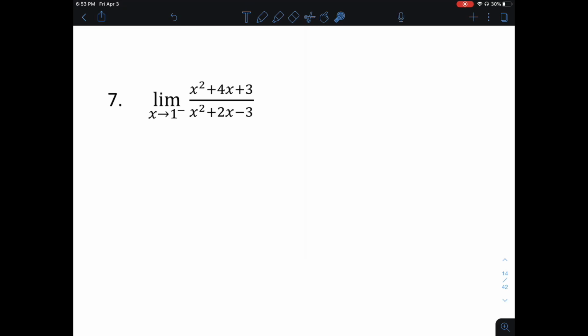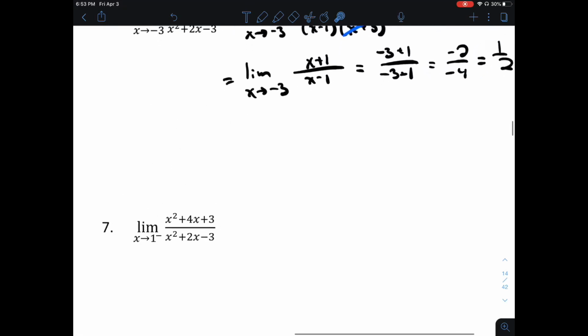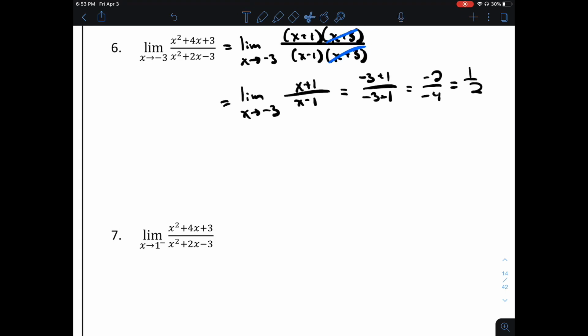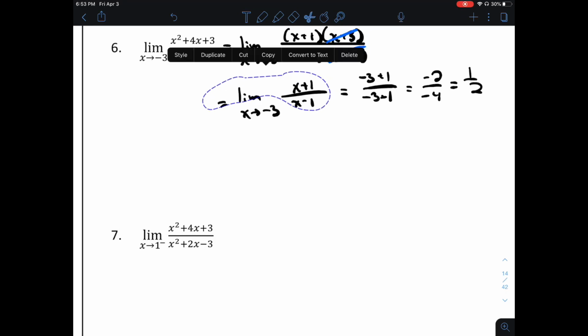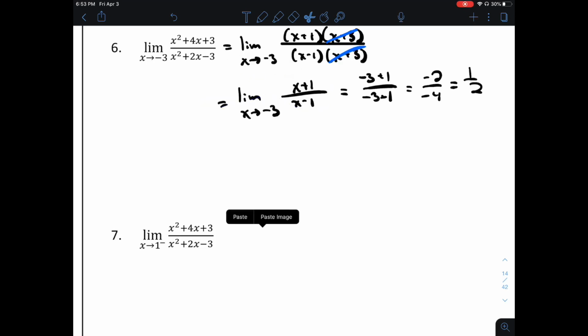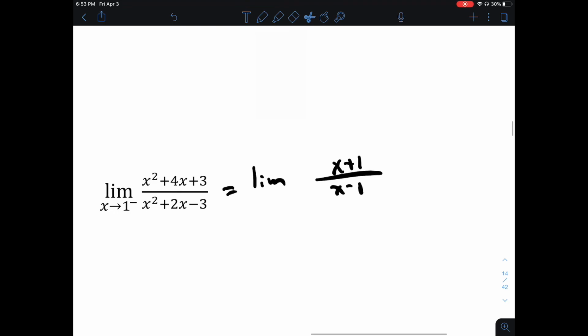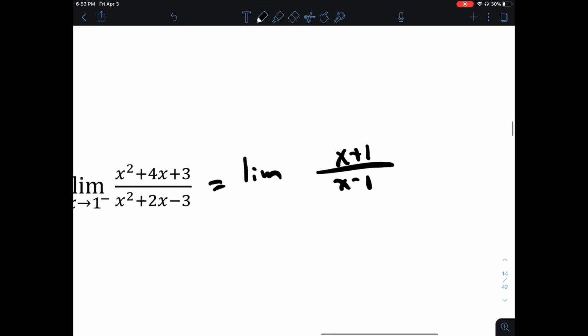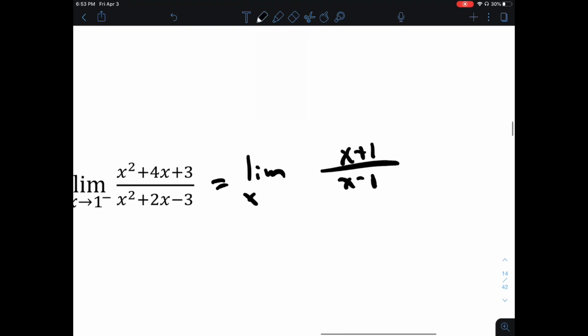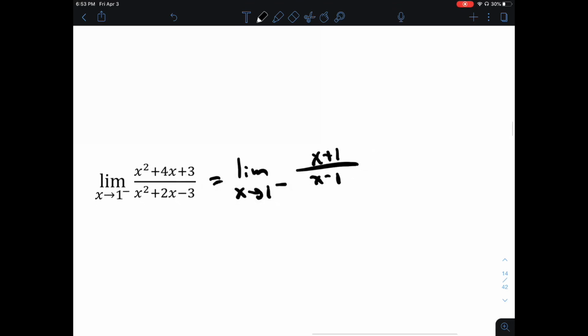Number 7, as x approaches negative 1. Now, this is the same function that we had above, so I might as well use the simplified version of this. I'm sorry, it's x approaching positive 1 from the left.